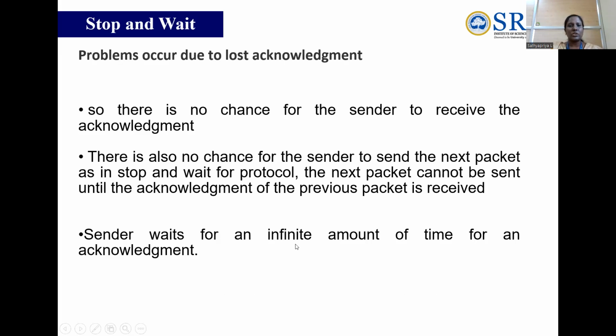So there is no chance for the sender to receive the acknowledgement, and no chance to send the next packet, because in the stop and wait protocol the sender can send the next packet only once the acknowledgement is received from the receiver.